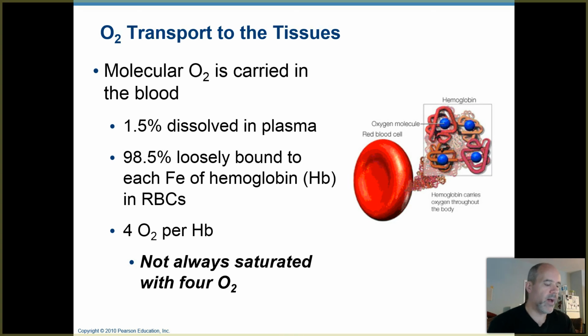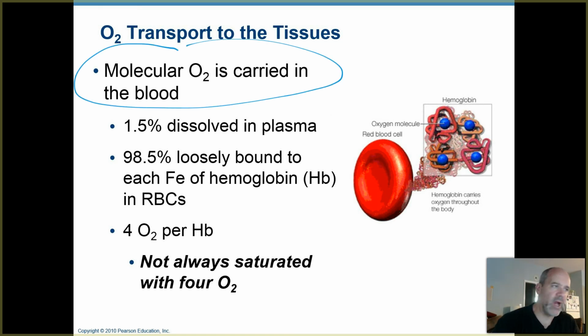Okay, a little bit more about how oxygen gas is transported to your tissues. Well, we actually talked about this back in the blood chapter, so this is mostly review. You guys already know O2 is carried by the blood. About 1.5% of the oxygen gas is actually dissolved in plasma. So gases can dissolve in fluids.